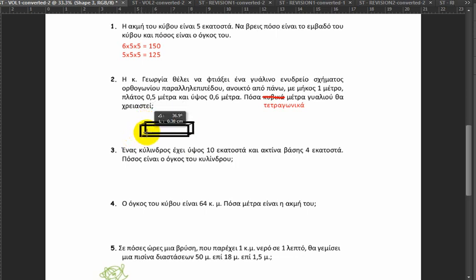If you remember how we named each side in the video. Again, length is 1 meter, so this is 1. Width is 0.5, and height is 0.6.